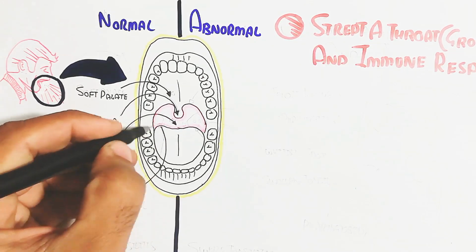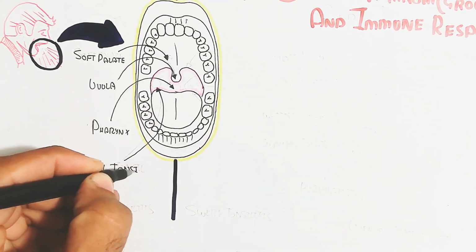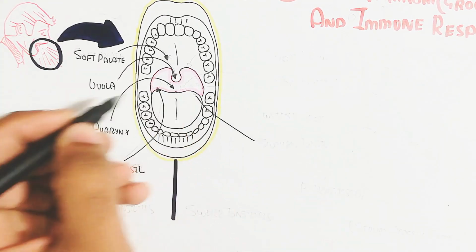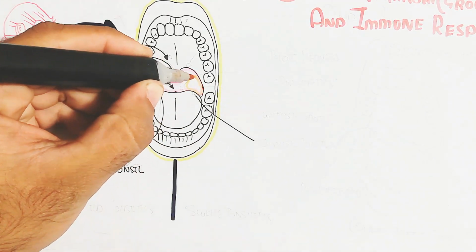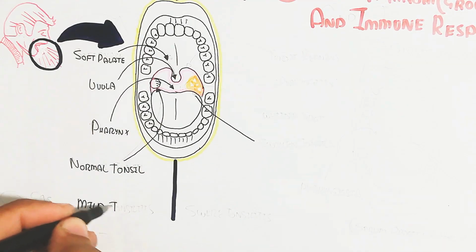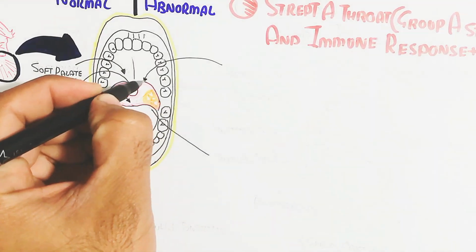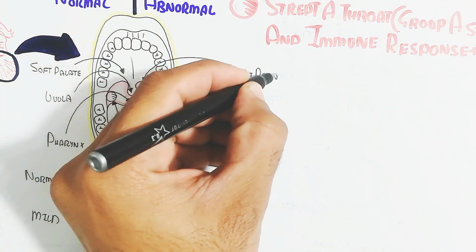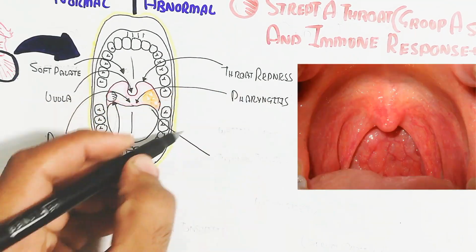In severe tonsillitis, the streptococcus can move into the blood circulatory system and lead to a life-threatening challenge. This is the swollen tonsil, known as tonsillitis, and whitish spots will occur. This is the throat redness, the pharyngitis and the laryngitis.